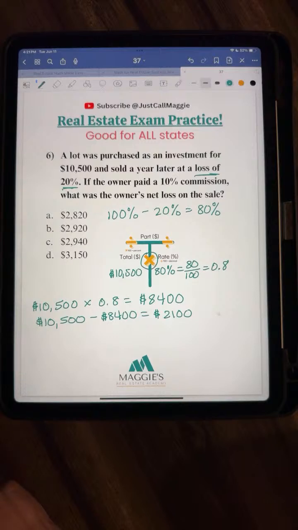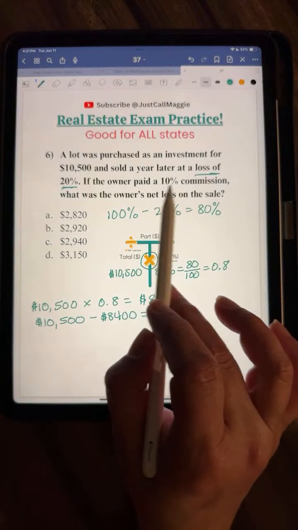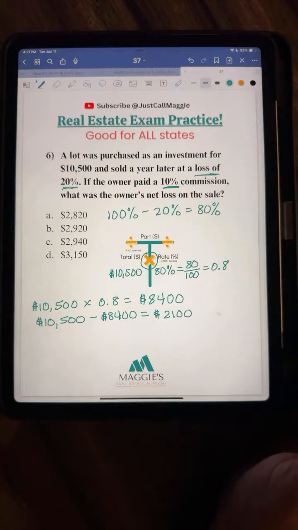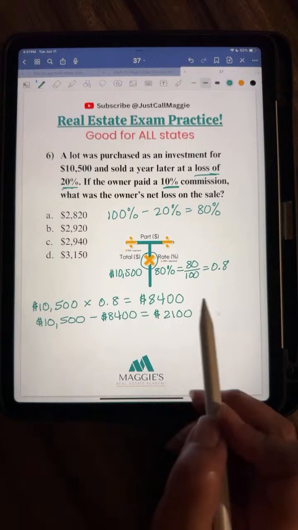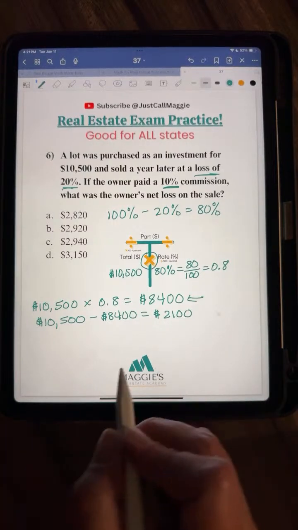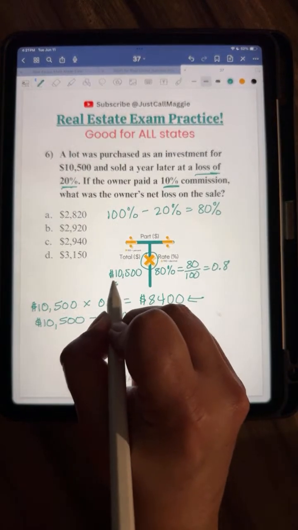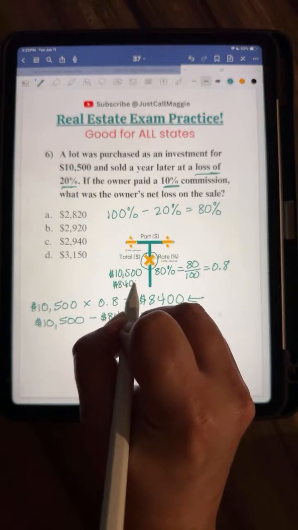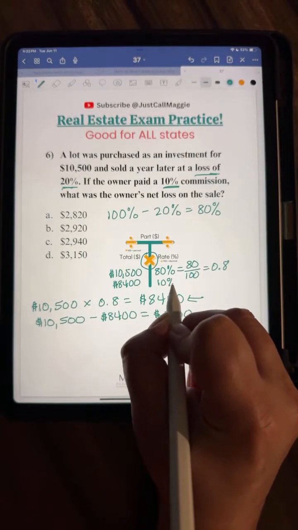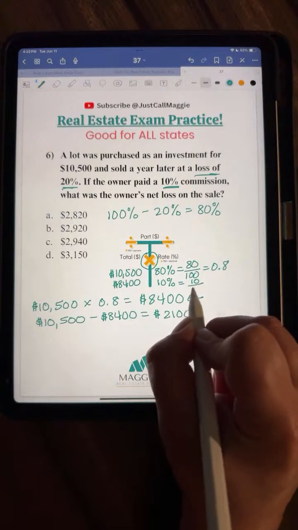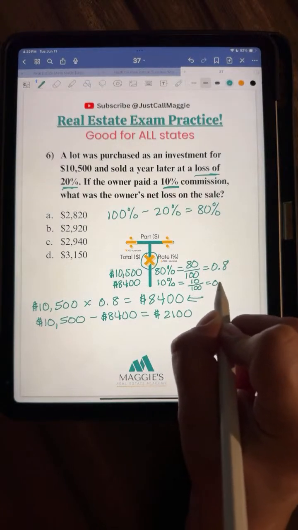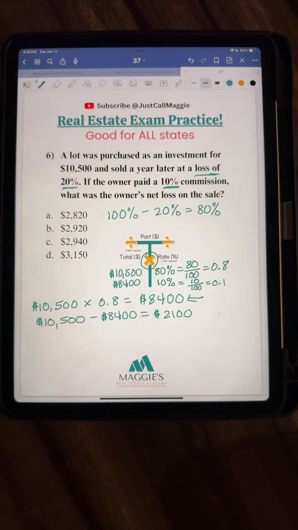So if the owner paid a 10% commission on that amount, which is this $8,400, let's find out how much that is. I'm going to take $8,400 here and put 10% here. So 10 out of 100 is 0.1.